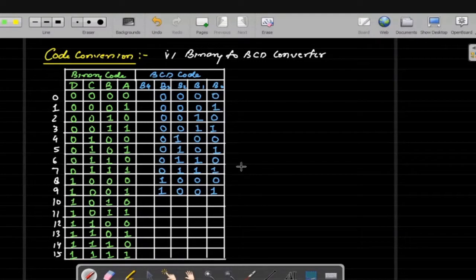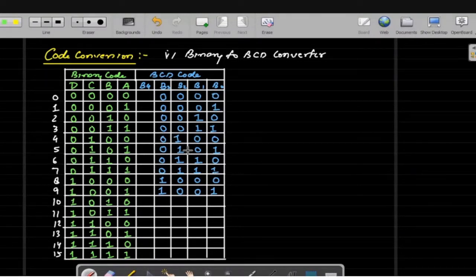Okay, so this is correct, because these are all the possible cases we can have in the case of BCD code.